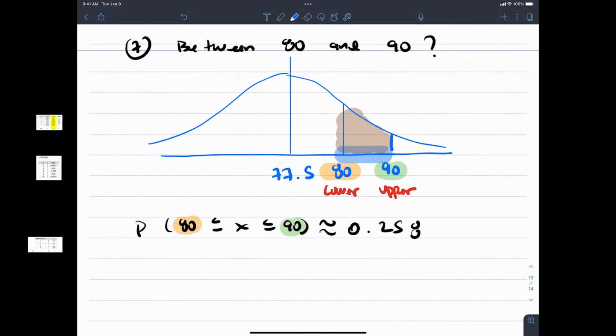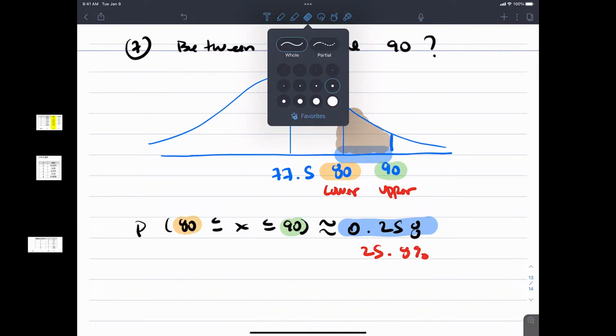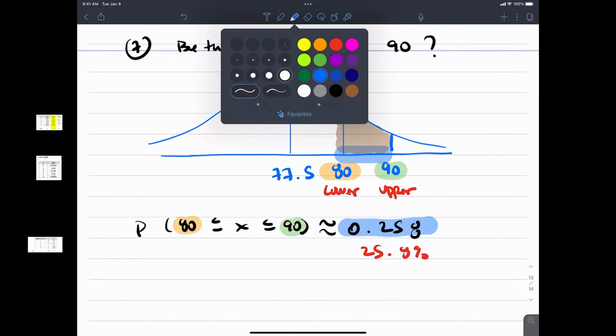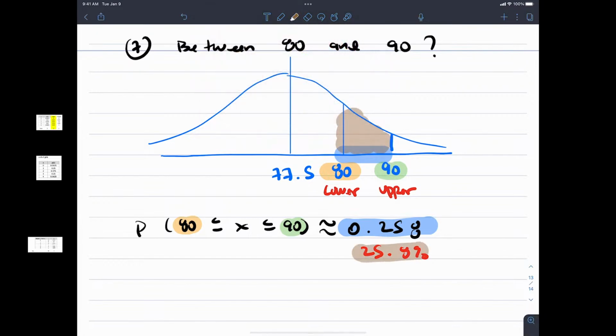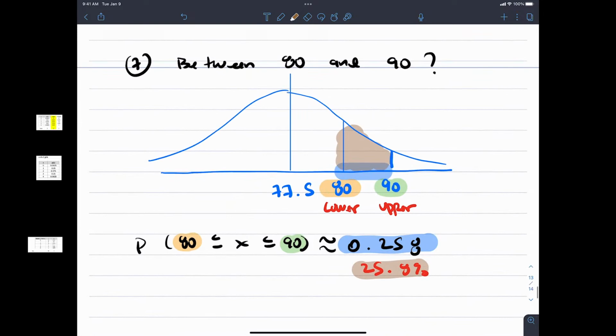Okay. And as a percent, that's now what? 25.8%. So that's kind of interesting that 25.8% of the population lives between 80 and 90 years of age in Hawaii.